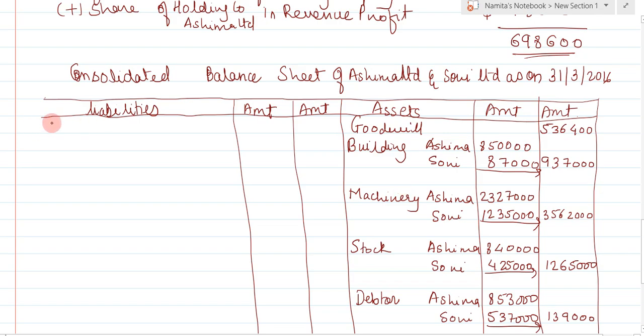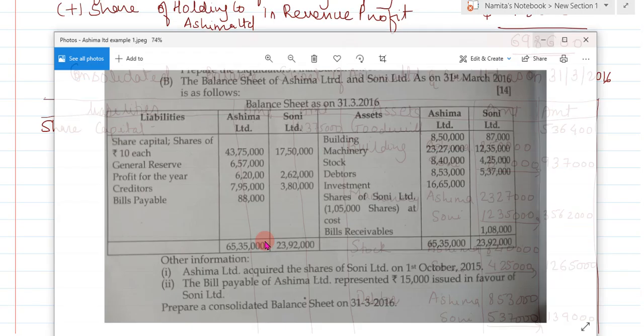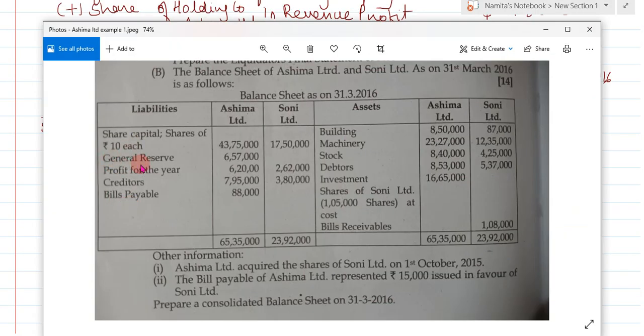So share capital of holding company 43,75,000. Okay, after share capital general reserve of the holding company.